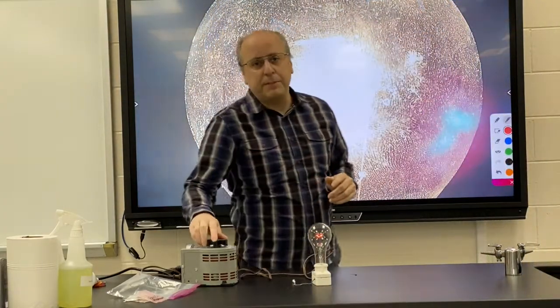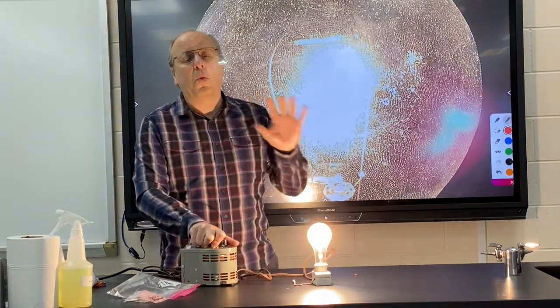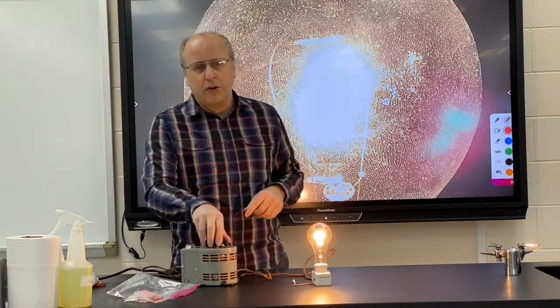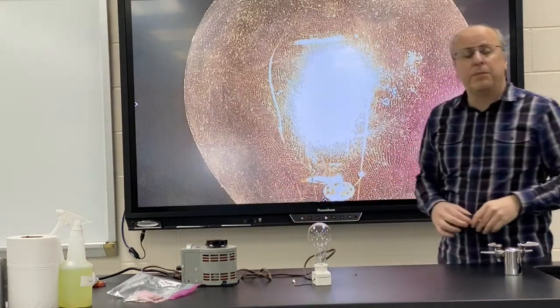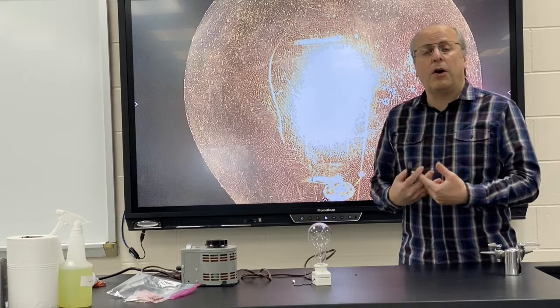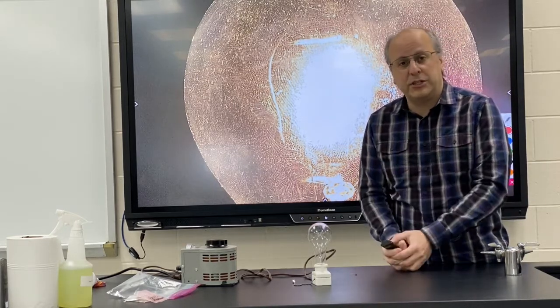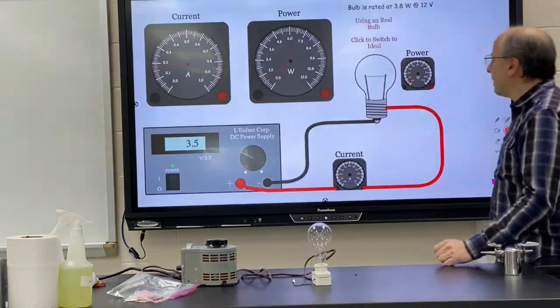The higher temperature means that this thing is going to have more resistance. Higher temperatures in this filament create higher resistances. So the resistance of that bulb does not remain constant. And this is going to be true for all types of wires. When the temperature of the wire changes, the resistance of the wire changes.